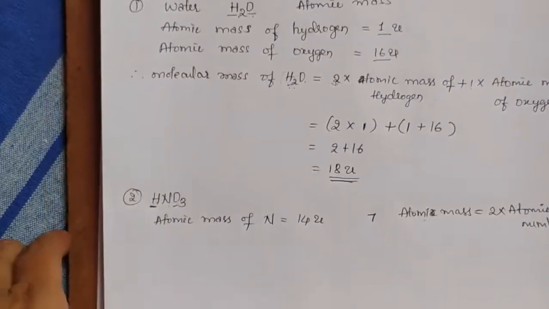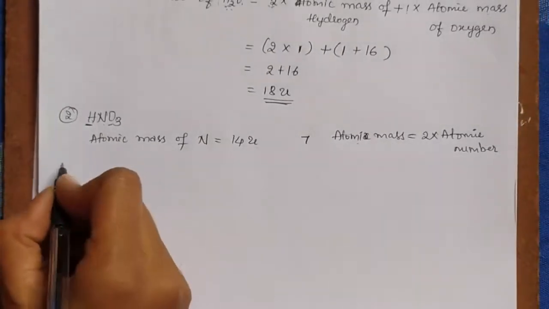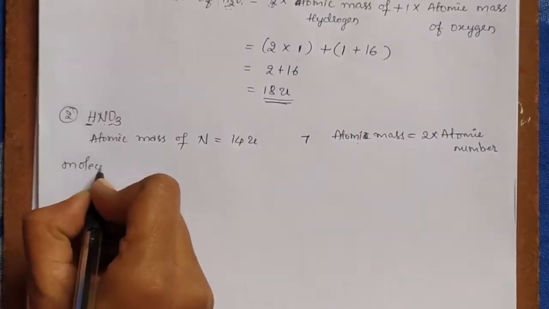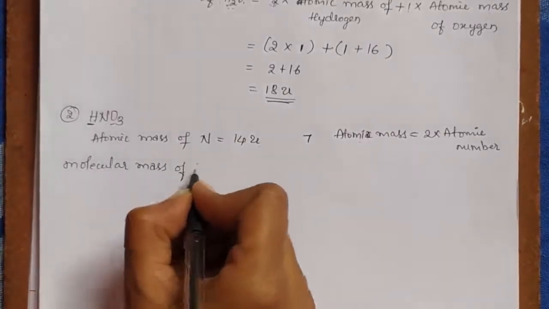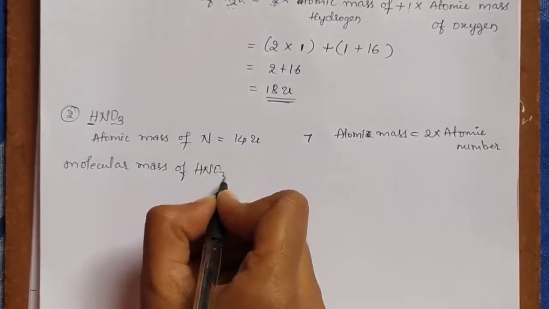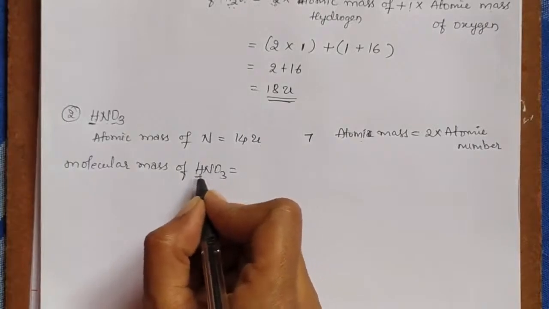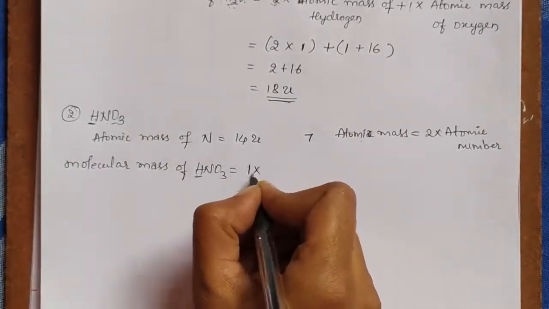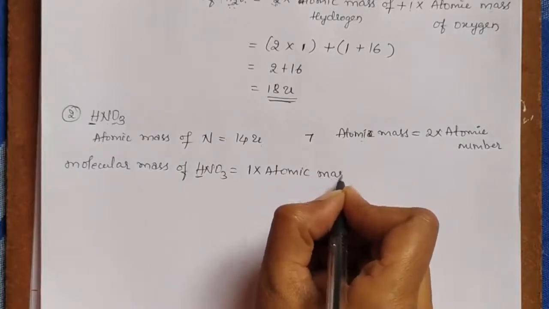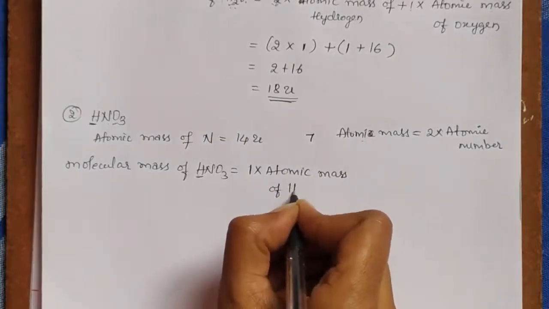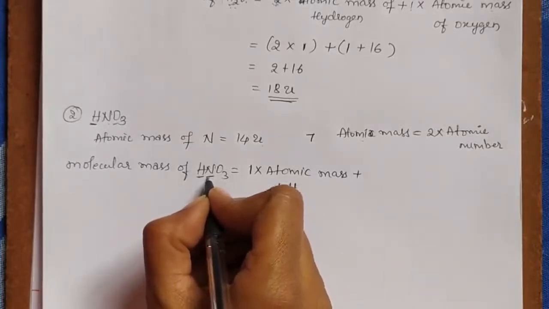So now we will calculate the molecular mass of nitric acid. See here, how many hydrogen atoms are there in nitric acid? Only one hydrogen is there. 1 into atomic mass of hydrogen plus how many nitrogen atoms are there? 1.